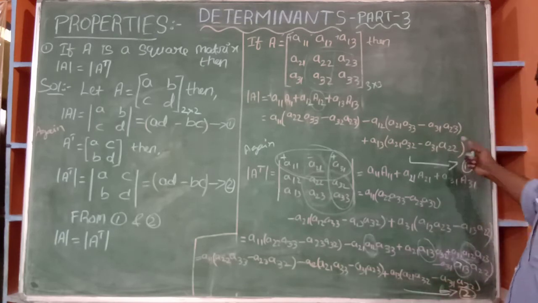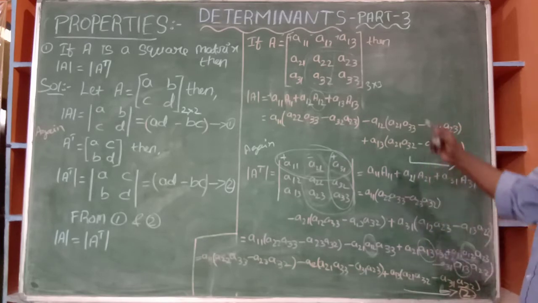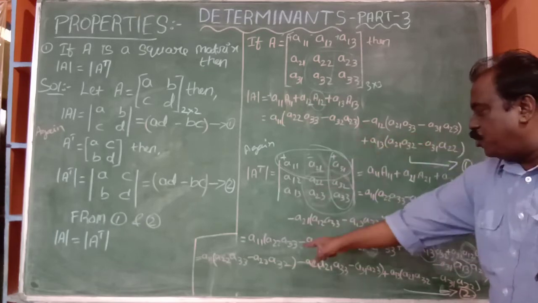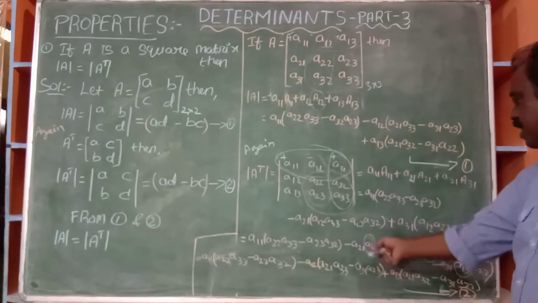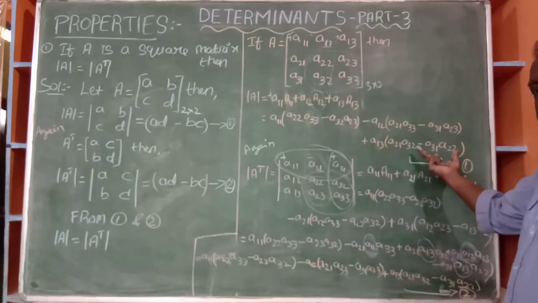Now observe equations 1 and 2. Both are the same. The first bracket is the same, minus a12 with the same bracket, plus a13 with the same expression inside the bracket.